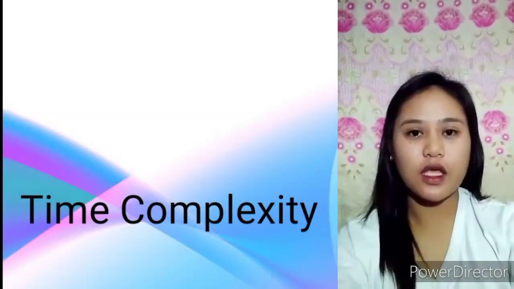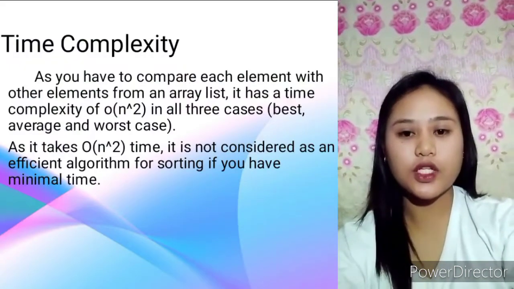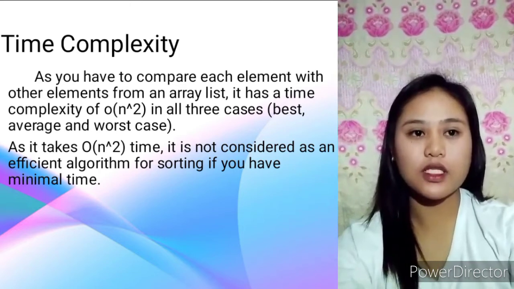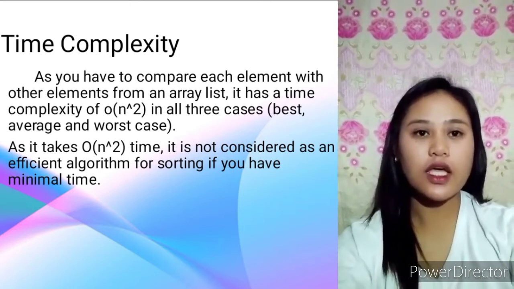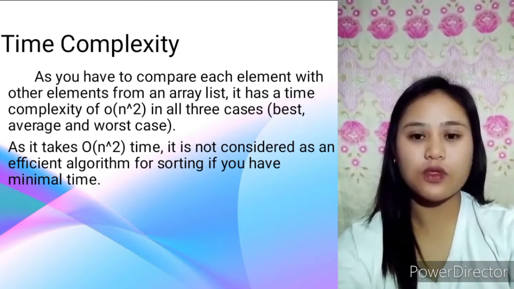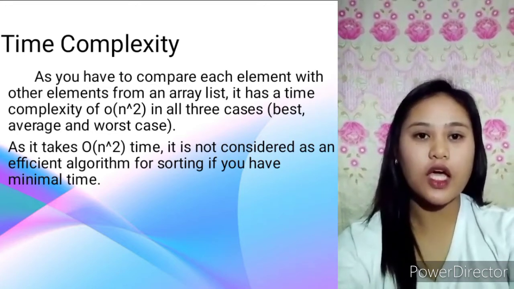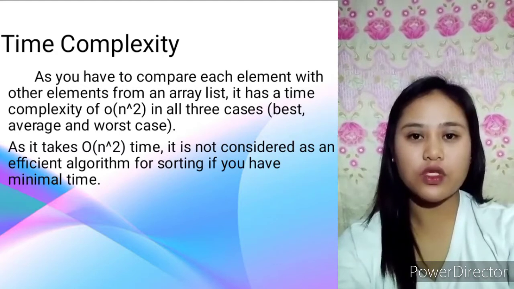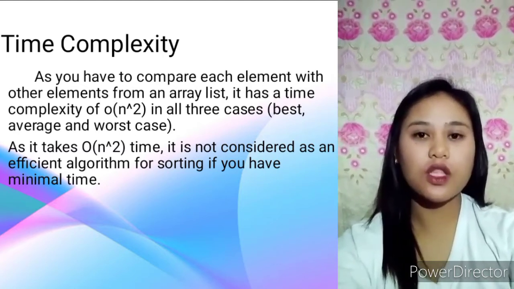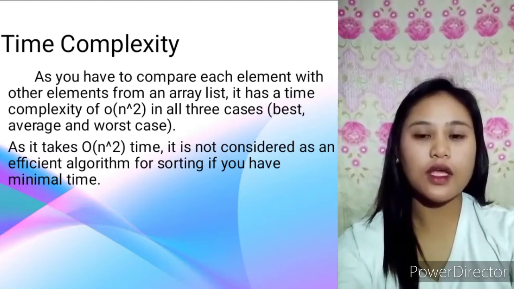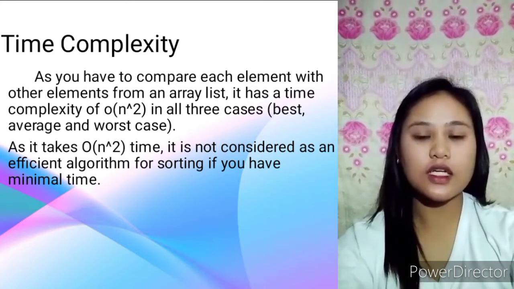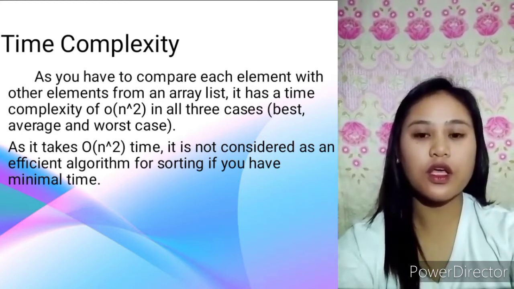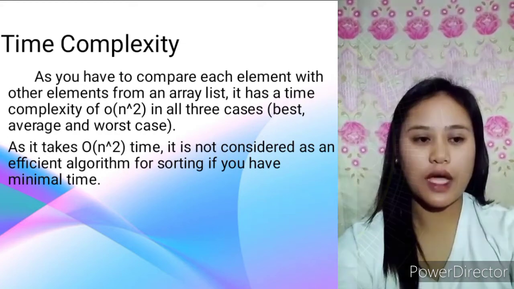Time complexity. As you have to compare each element with the other elements in an array list, it has a time complexity of O(n squared) in all three cases: best, average, and worst case. As it takes O(n squared) time, it is not considered an efficient algorithm for sorting if you have minimal time.